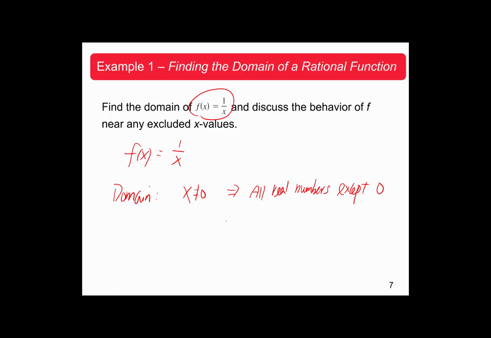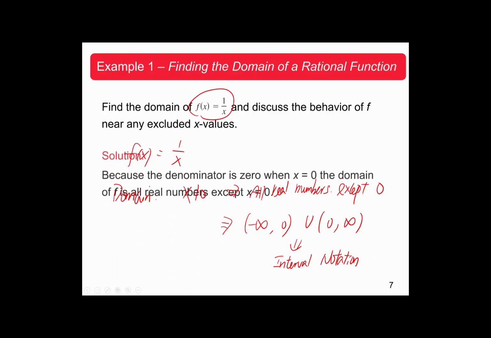In interval notation, this is equivalent to negative infinity to 0, union 0 to infinity. That's a typical interval notation, and interval notation is more widely used. Yeah, that's how we find the domain.